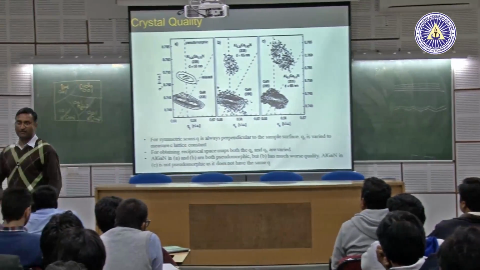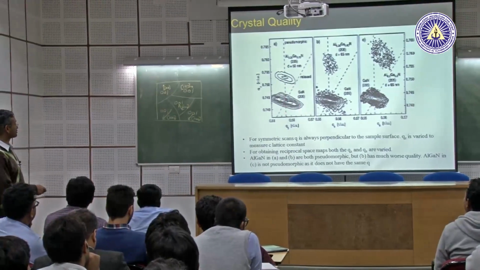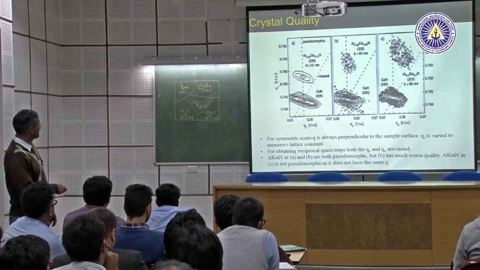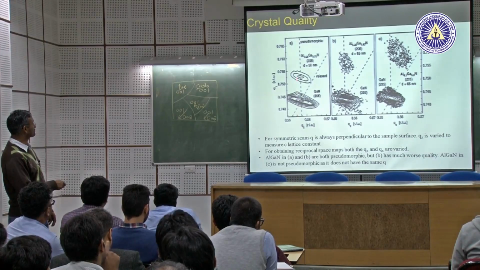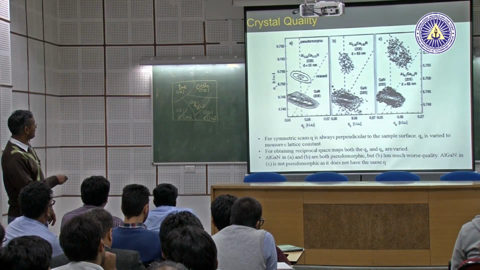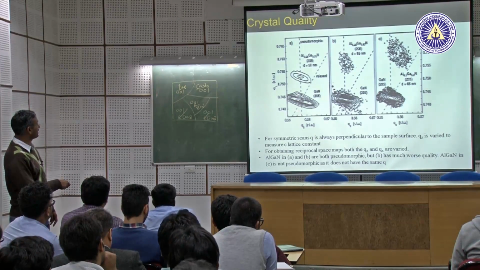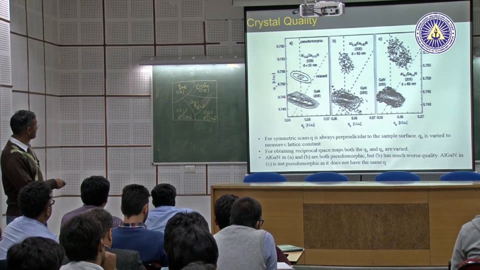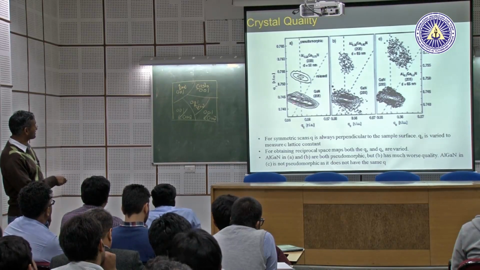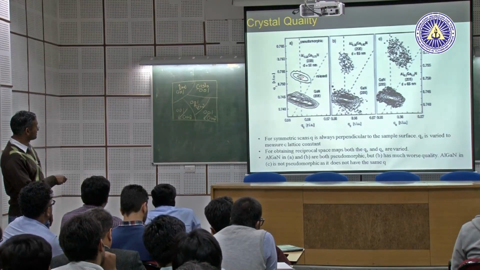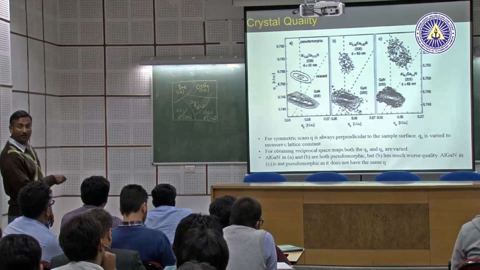The first sample is good because you can see that the spots are much more well defined. Secondly, the alignment between the spots is good. If the spots lie along this vertical line, it means they are strained. If they move away from each other, this is the relaxed line, which means if they were completely relaxed, this spot would have moved here.